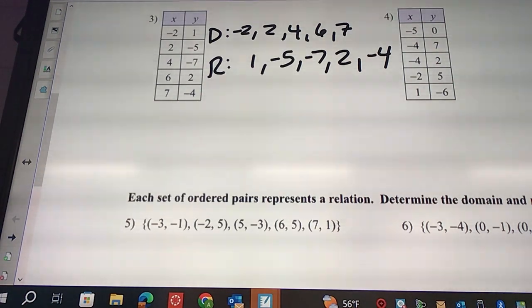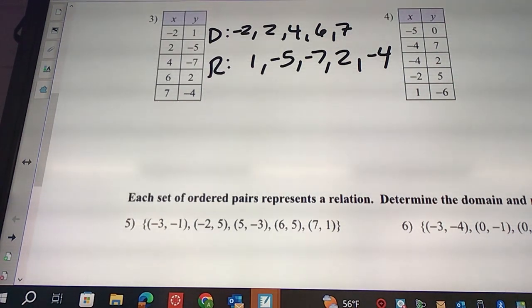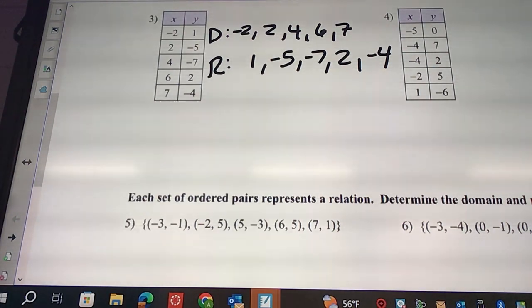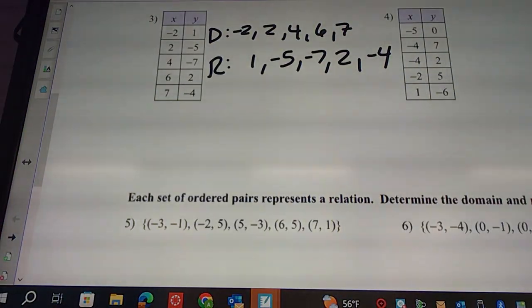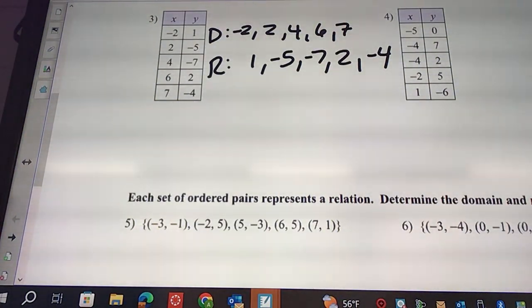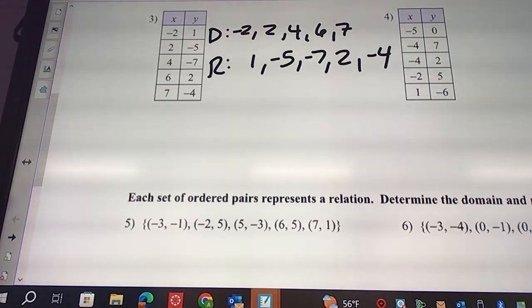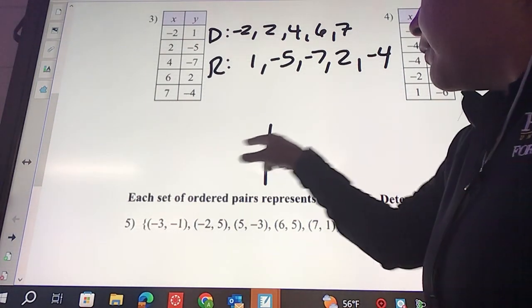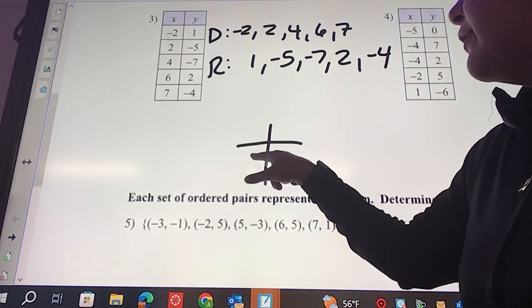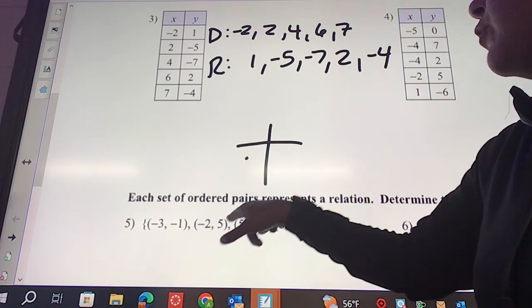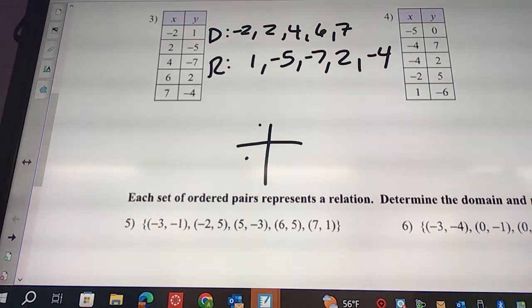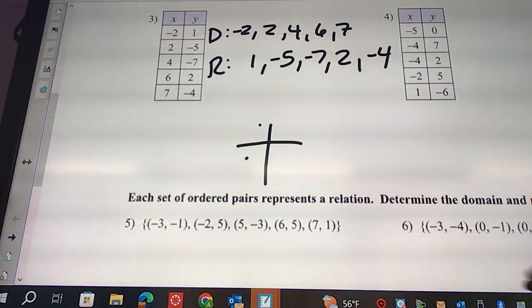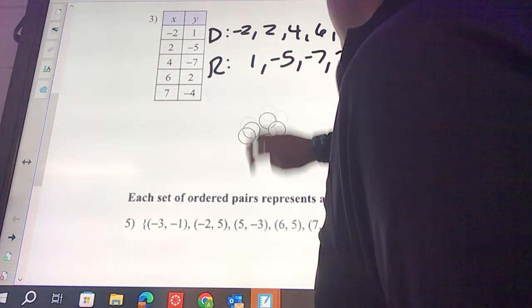Okay, the next section on here also has to do with domain and range. However, these are sets of ordered pairs. When we're looking at ordered pairs, first of all, an ordered pair represents a location. If we were looking on a graph, there is a dot at -3, 1. There's one at -2, 5. That represents a location somewhere on a graph, so just be aware of that.